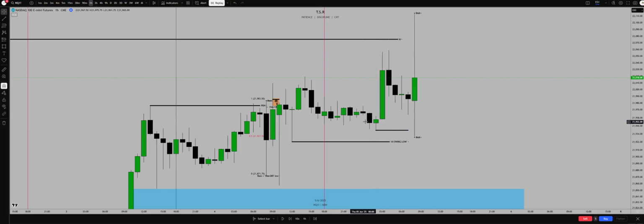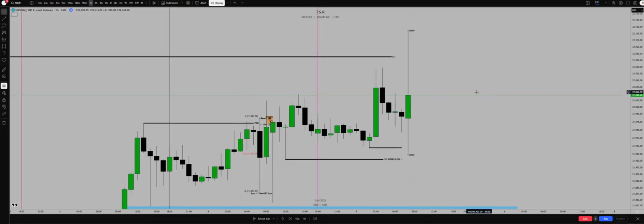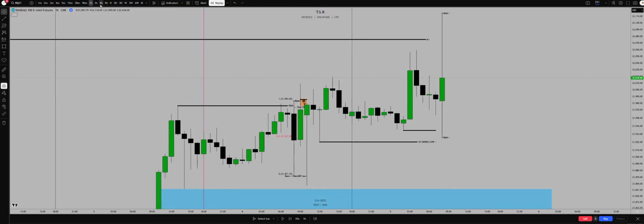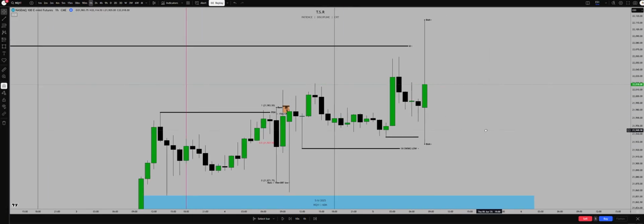Swing lows mean you have higher lows to the left and right side. Swing highs mean you have lower highs on the left and right side. Swing high, not swing high. Swing high, not swing high. You get it? That's what it means, okay? So swing highs, swing lows on the hourly time frame, and 15-minute could be used as the key levels as well.